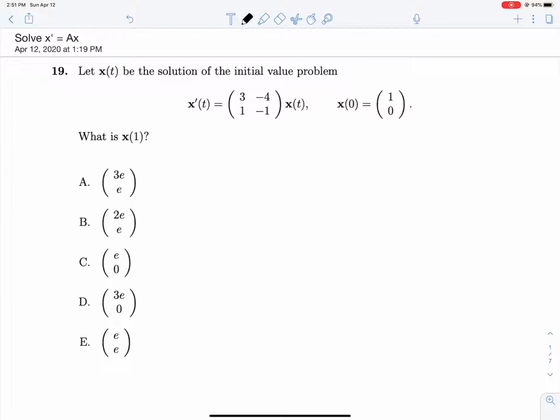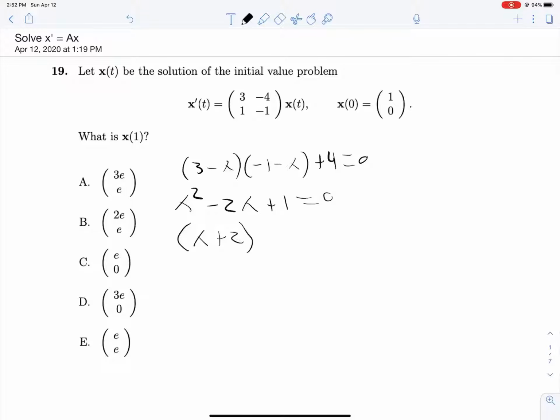We'll be solving the determinant of A minus lambda I equals 0. That will be (3 minus lambda) times (negative 1 minus lambda) plus 4 is equal to 0. Lambda squared minus 2 lambda minus 3 plus 4, which is plus 1, is equal to 0, or lambda minus 1 times lambda minus 1.